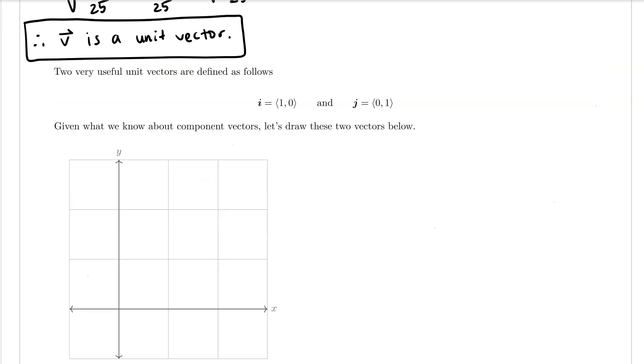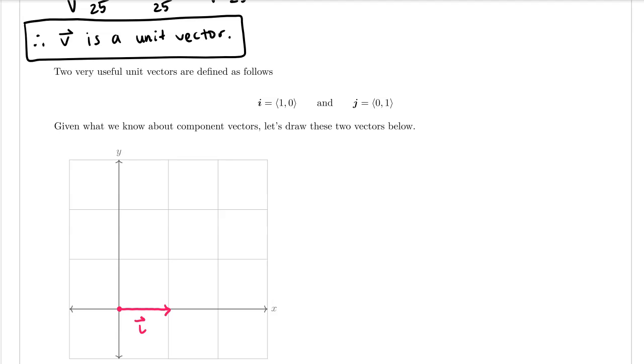So two very useful vectors, or two very useful unit vectors, are defined as follows. So the i vector is equal to 1, 0, and the j vector is equal to 0, 1. Given what we know about component vectors, let's draw these two vectors below. So 1, 0, we're going to start at the origin, and we're going to move to the terminal point 1, 0, and then we would have this vector here, so that's vector i.